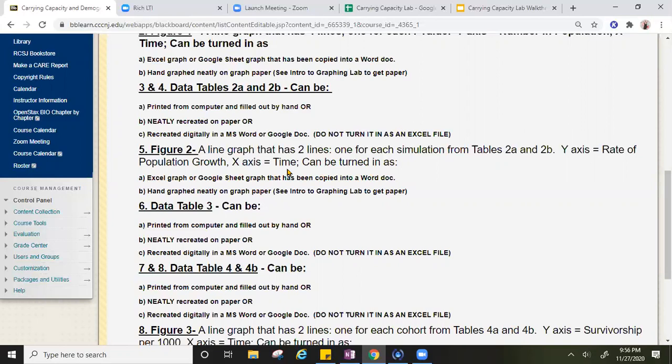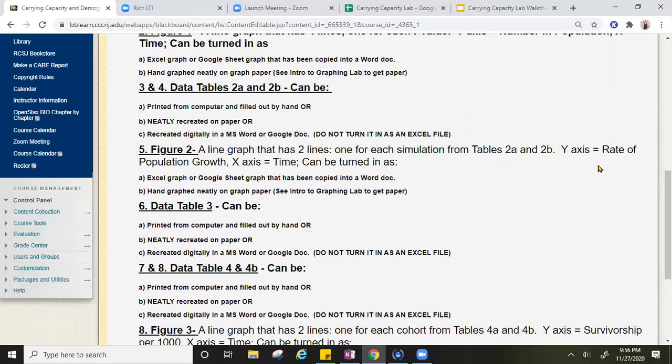So you should be able to put 2 lines on one graph. One line is going to be from when the death rate was 0.1, and one line is going to be from when the death rate was 0.5. Okay, so make sure you're taking a look at your axes there and that it's labeling correctly.